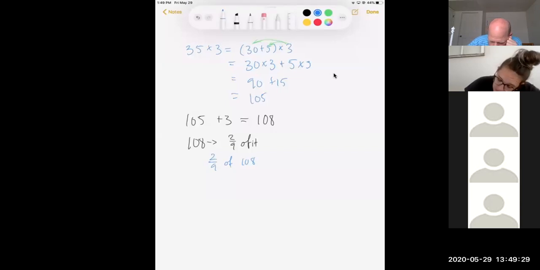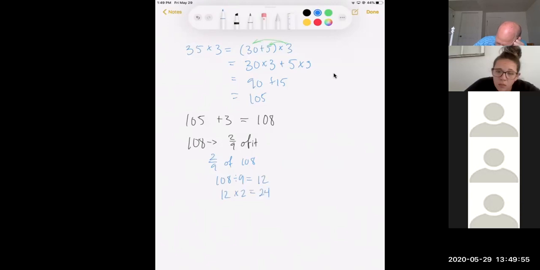Divide 108 by 9 and then times it by 2. Good. So 108 divided by 9. This is what we call an equation stack. I'm just showing the steps that you just said. So that's actually 12, and I take my 12 and I multiply by 2.